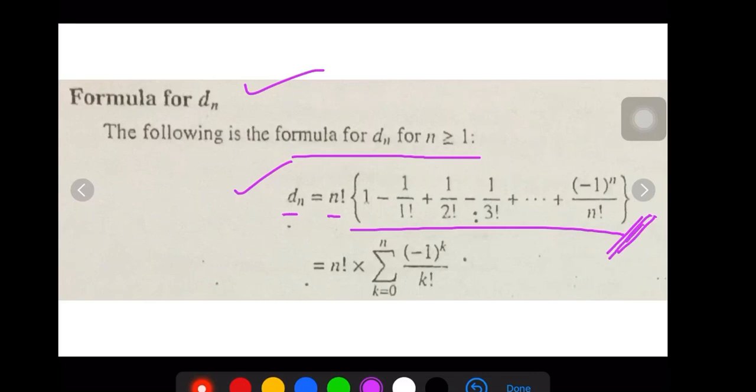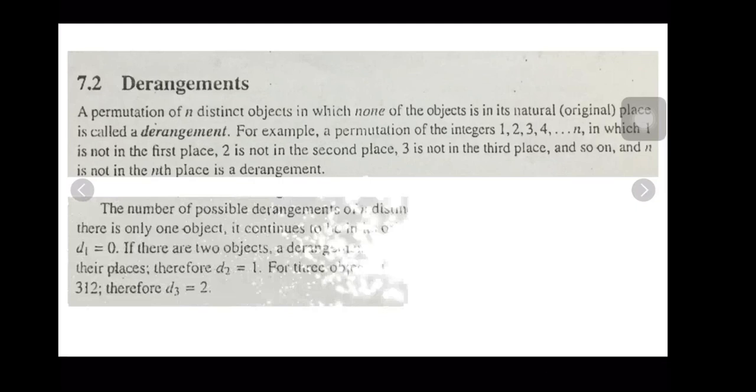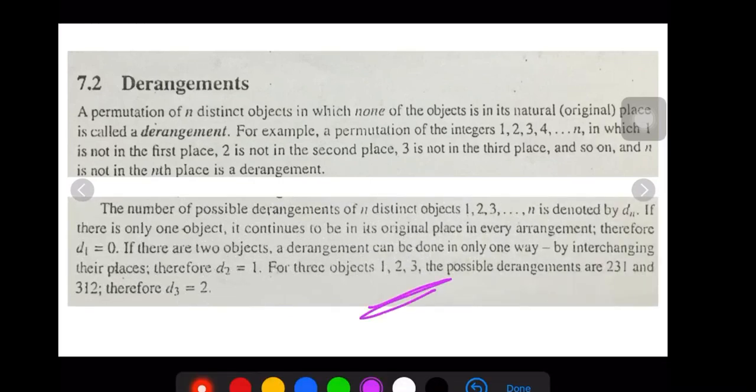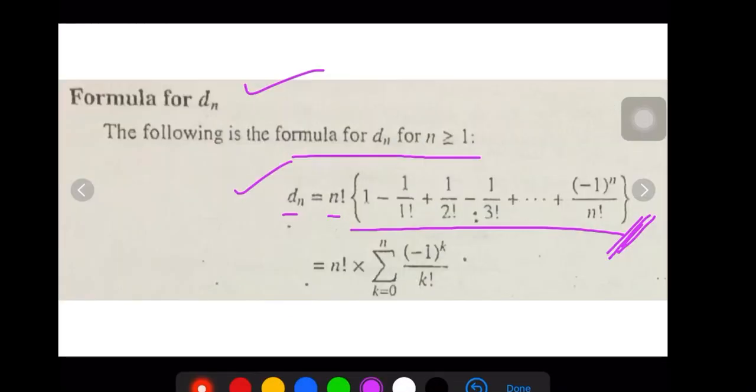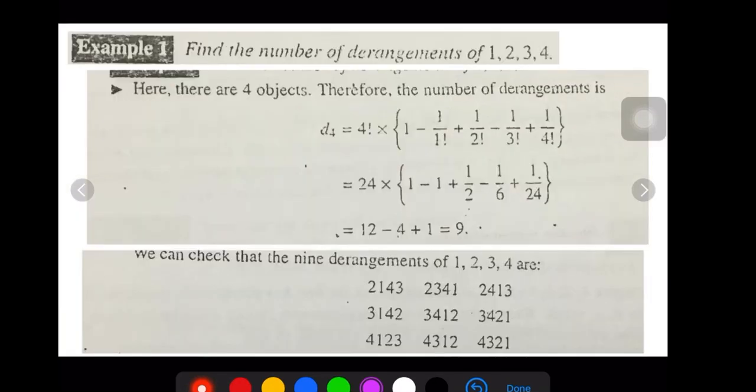This was an illustration, and from this they have set the nth formula: n factorial into the summation over k from 0 to n of minus 1 to the power of k by k factorial. If you place n as 1, 2, 3, 4, 5, you will get all possible derangements for that case. That is all about the definition.